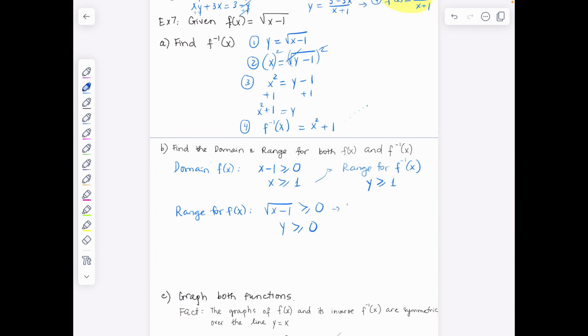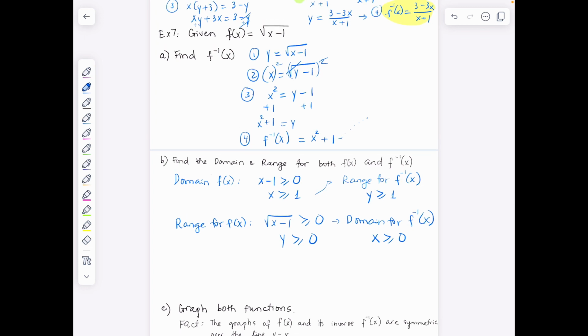So we can conclude that the domain for the inverse function must be greater than or equal to 0 as well, but this time we're going to put x in there because x and y are interchanged. So with that said, this function must have the domain that x is greater than or equal to 0.